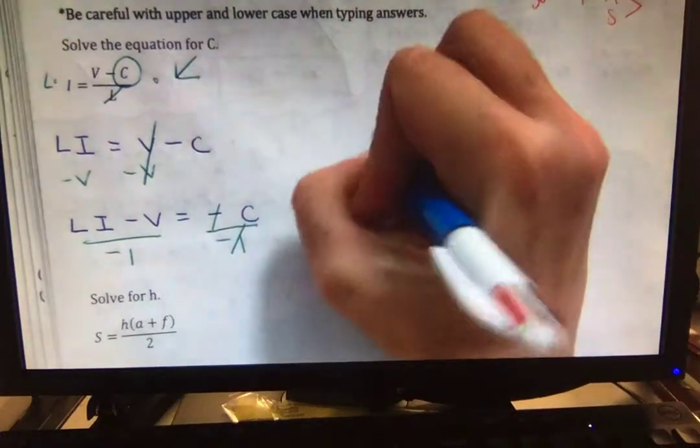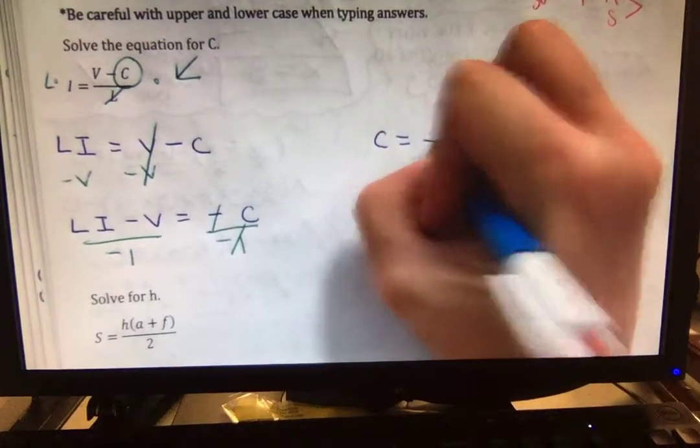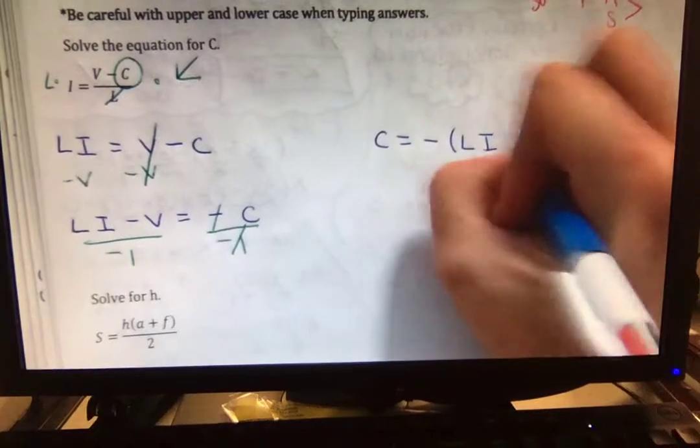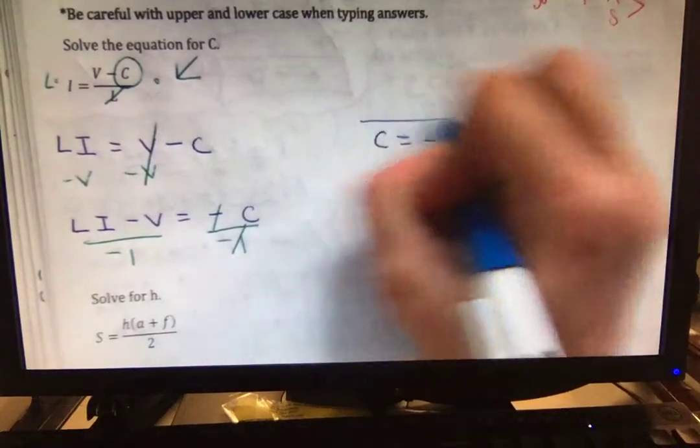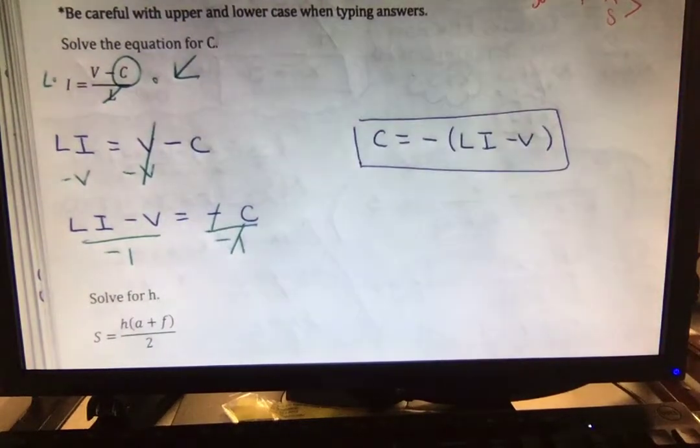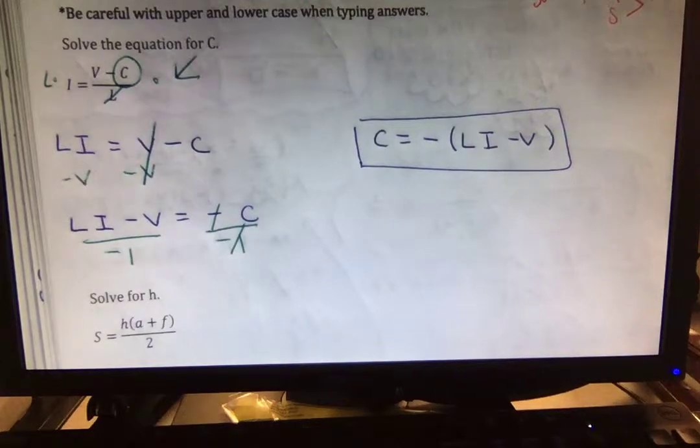So I could say C equals negative Li minus V. Final answer. Remember, I can write that negative on the bottom, on the top, or out front. If you want to write negative 1 times Li minus V, that's fine too, as long as there's a negative there.